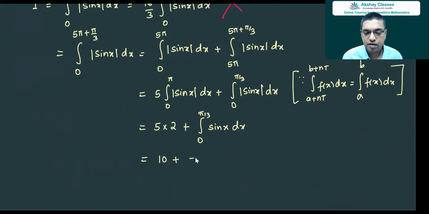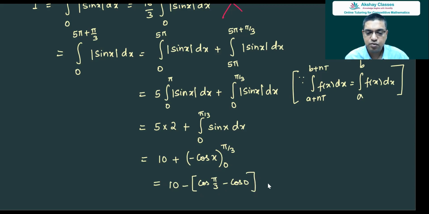So the integral is minus cos x from 0 to pi by 3, which is 10 minus of, taking outside, cos pi by 3 minus cos 0.